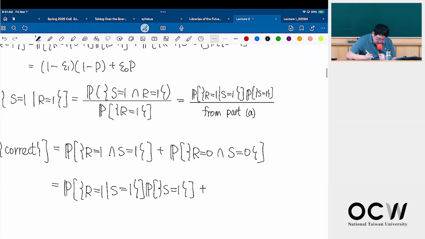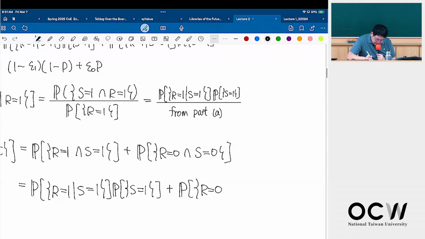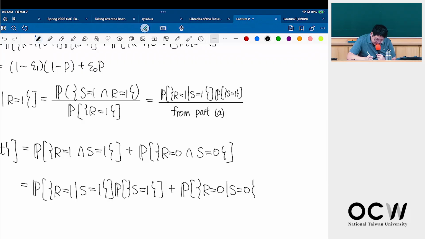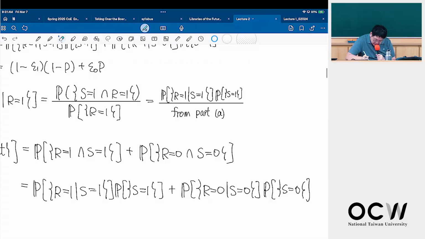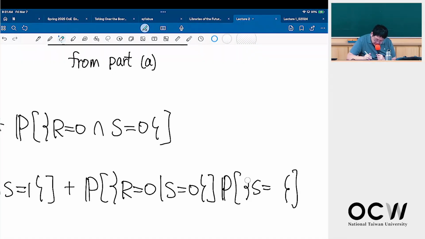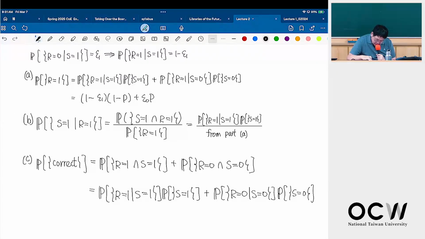And the second part, 0 is received given 0 is sent, times the probability that 0 is sent. Then you have 1 minus epsilon 1 times 1 minus p plus 1 minus epsilon naught times p.